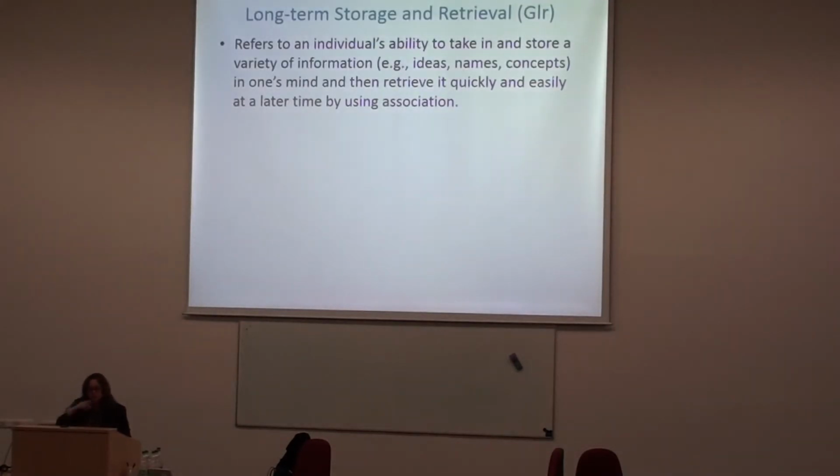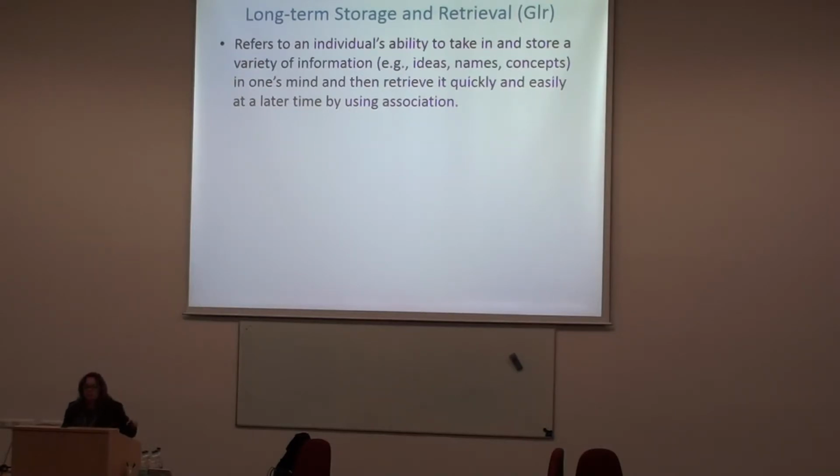Long-term storage and retrieval is an individual's ability to take in and store information and then retrieve that information at a later time, quickly retrieve that information, usually through association. Now, I know the WISC-3 does not measure GLR. The WISC-4 did not measure GLR.